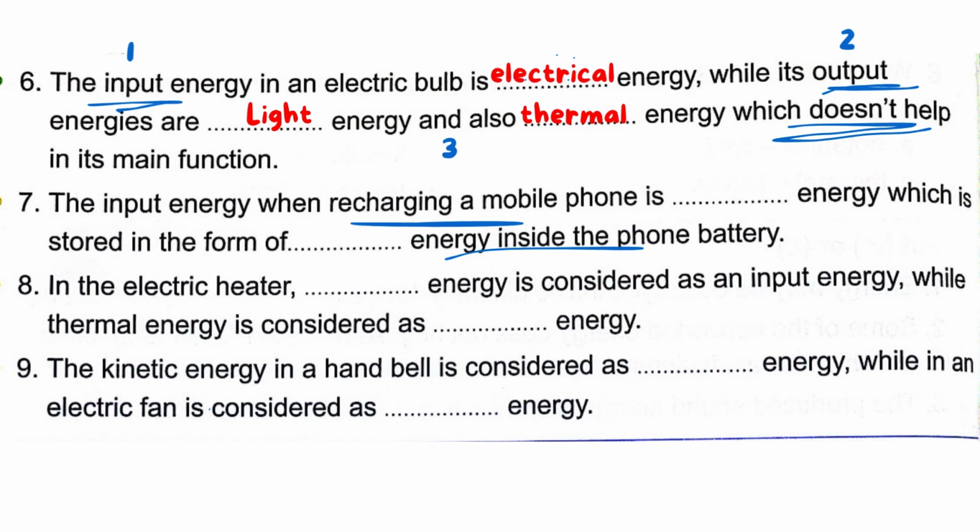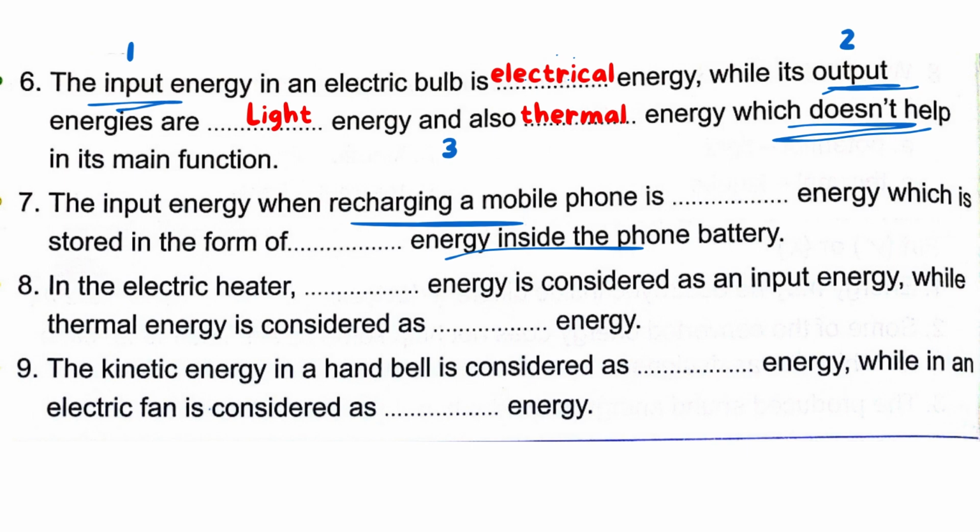Yes, the light energy. This is clear. So this is the first output energy. But also we have another energy which doesn't help in its main function. So what is this energy? This is the thermal energy.